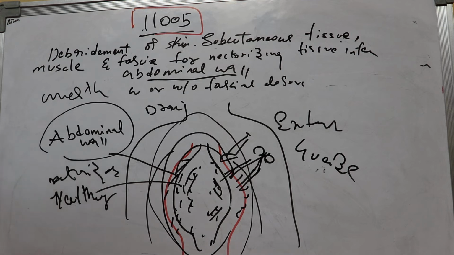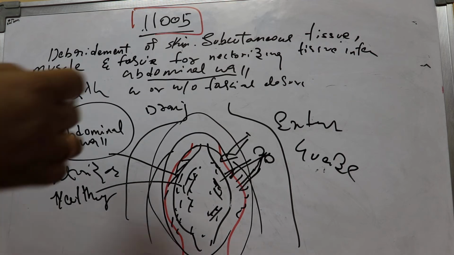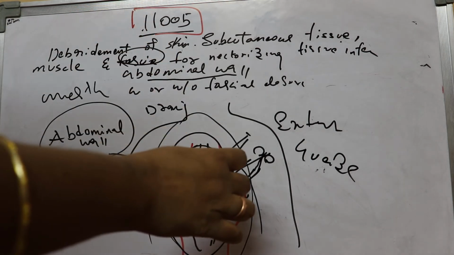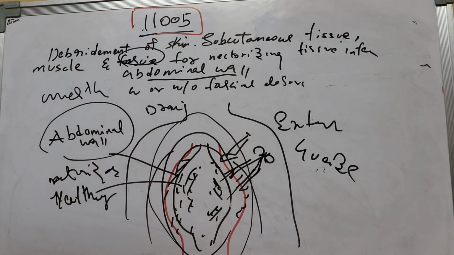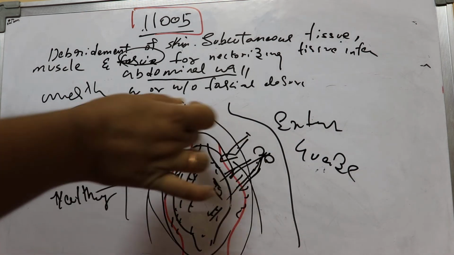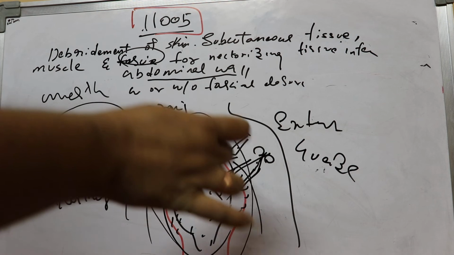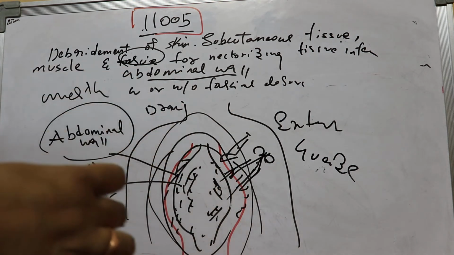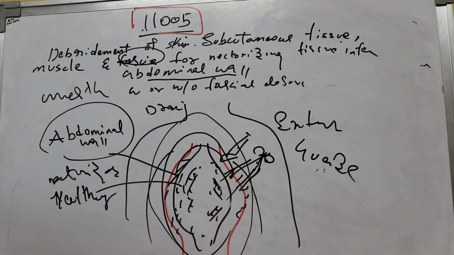And then finally, sometimes the fascial layer will be there, that is after the muscle layer. He will close the fascial layer, or he may not close the fascial layer, in the debridement of the abdominal wall. So in this, the physician will see the extent of the infected area, and slowly with the help of the scalpel and scissors, he will debride, that is remove the dead cells from the abdominal wall till the healthy tissue or good blood is coming from the wound.